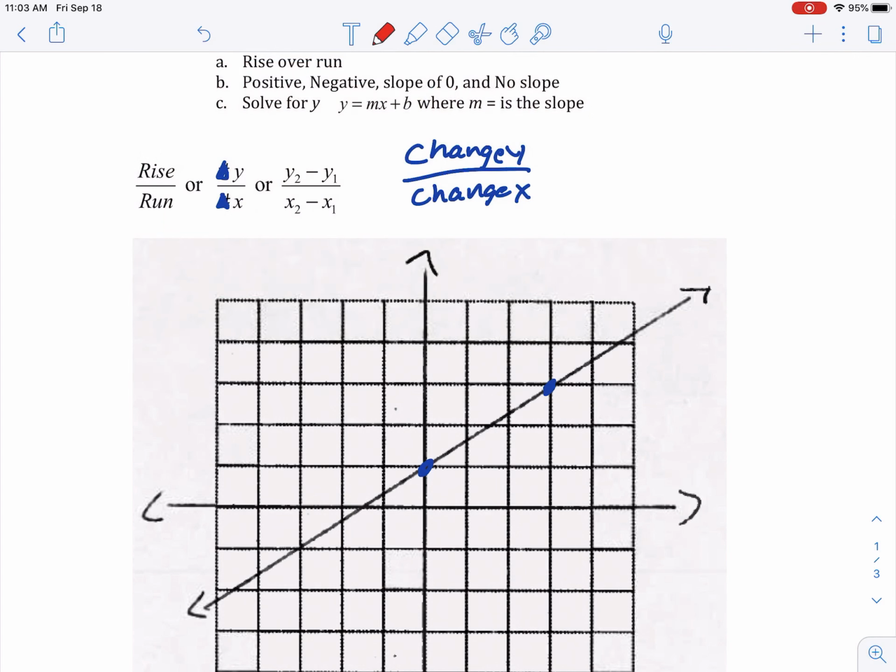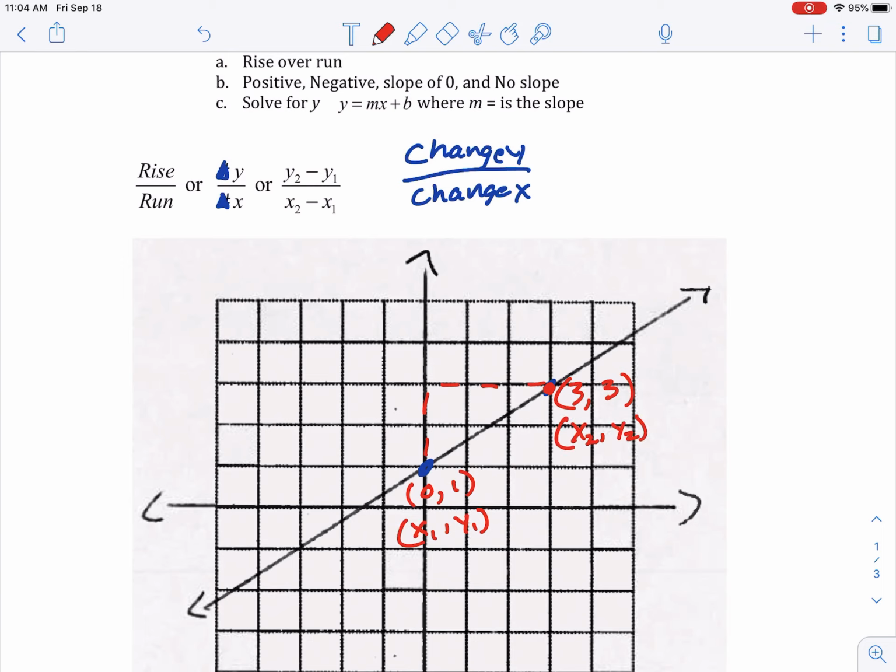So what we talked about with slope there was rise 1, 2 over run 1, 2, 3 as we went over here. That was the change from this coordinate, which we can call x1, y1, which is at 0, 1, to the coordinate right here, which is at 3, 3, and we'll call that x2, y2.